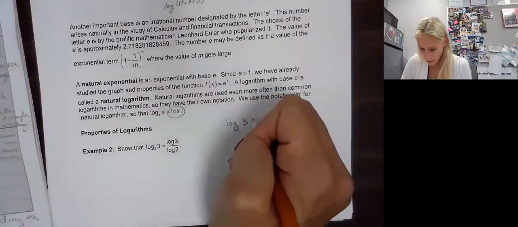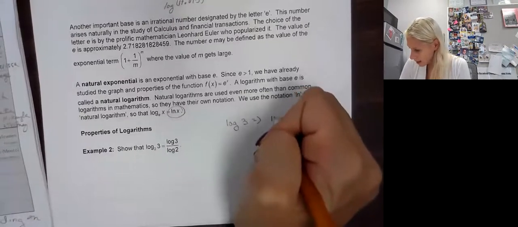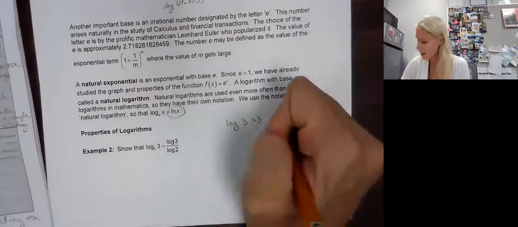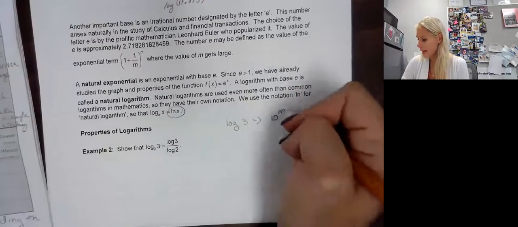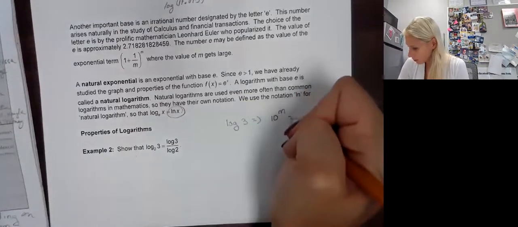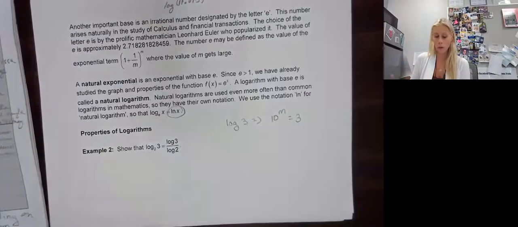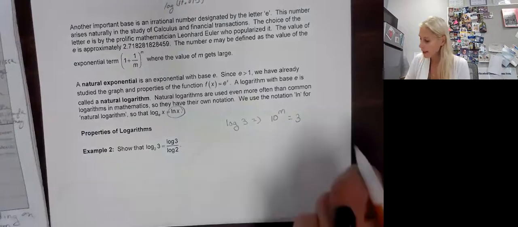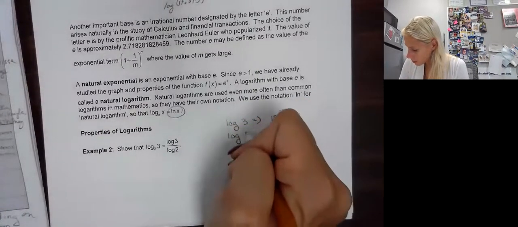Log 3 is saying 10 to the something, and I'm going to call it m, 10 to the m equals 3. That's just me changing it into a different form, okay? Same thing is with log 2.